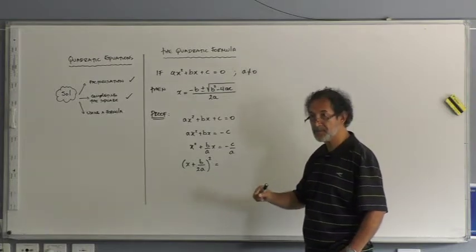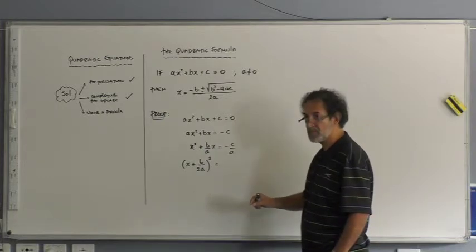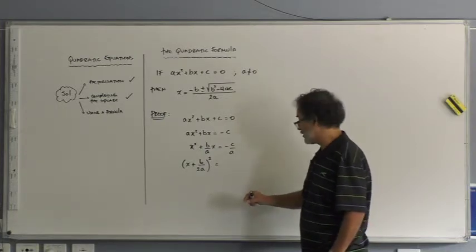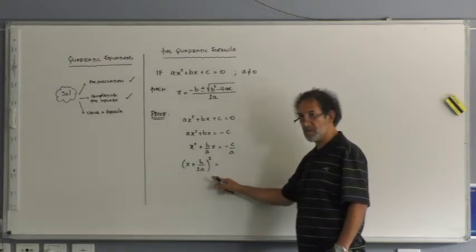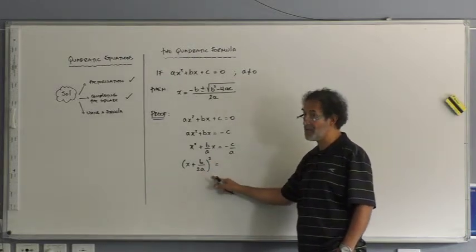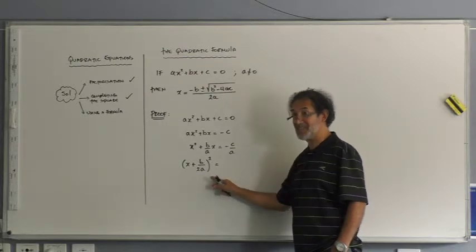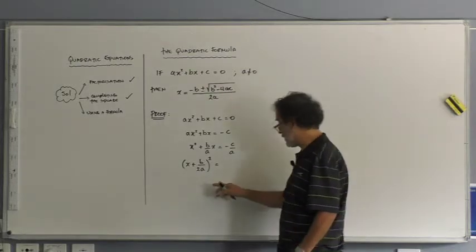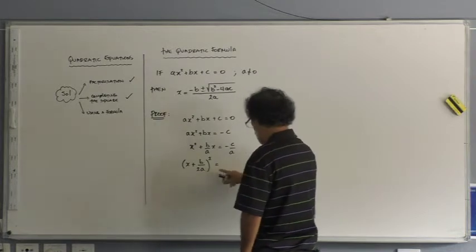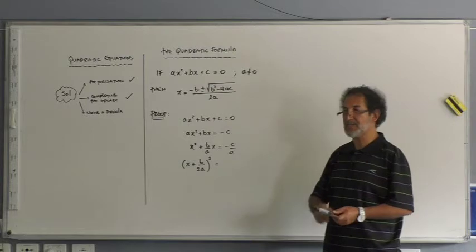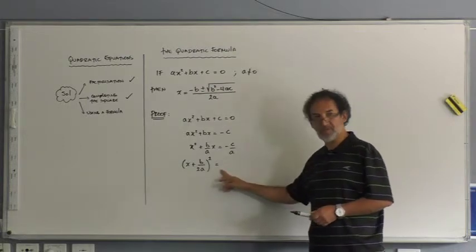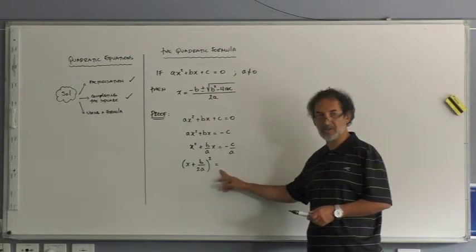How did you get the squared on the b over 2a? Because that's how we do it. If you were away for that explanation, then you're going to have to watch the videos. I just remember the last time, finding the square, I said we need some concentration for this, otherwise you're going to get lost.